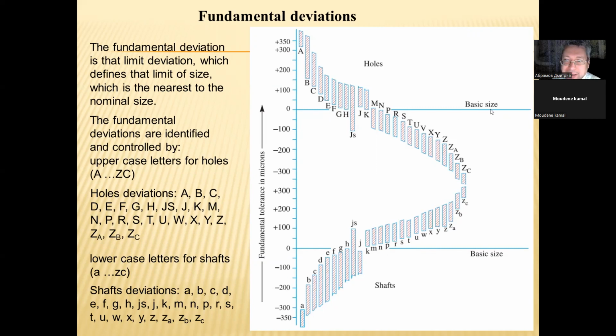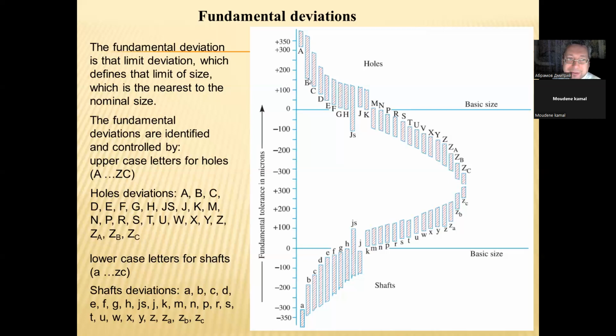It's the zero line and nominal size. We have a tolerance field with two deviations, upper limit deviation and lower limit deviation. The nearest to the nominal size, for this tolerance field, is the lower limit deviation.